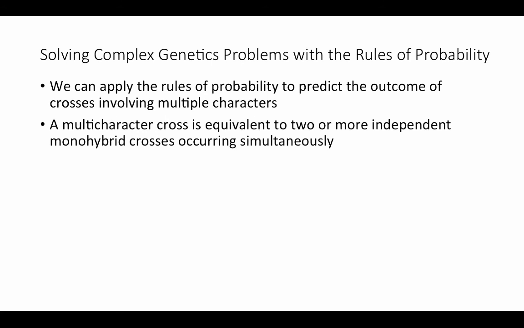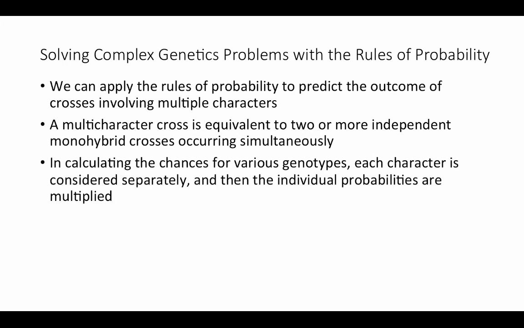So a multi-character cross is equivalent to 2 or more independent monohybrid crosses occurring simultaneously. That's, of course, assuming that those 2 genes are not right next to each other on a chromosome. So in calculating the chances for various genotypes, each character is considered separately, and then the individual probabilities are multiplied.